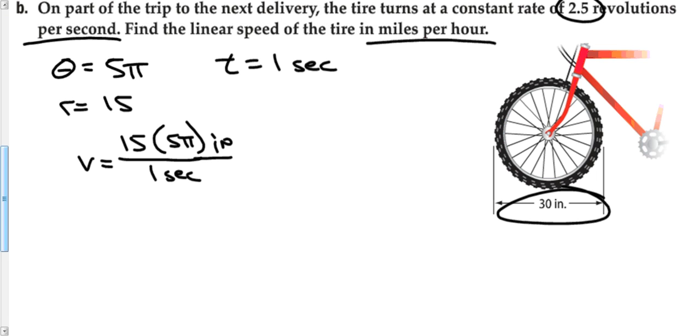If I want to do this now, I can, and this would give me 75 pi inches per second. Okay, that's not the answer that I want. I want miles per hour.